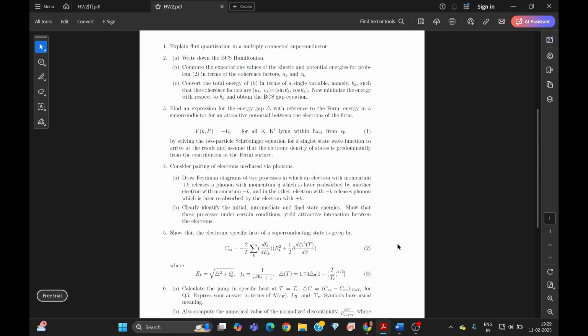Now, to compute the expectation values, we need to take the help of the Bogoliubov transformation. This gives us the quasi-particle operators, where alpha k is uk ck for up spin, and vk c minus k down, then the same thing with the opposite case.